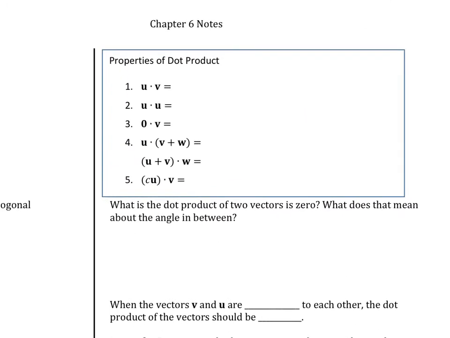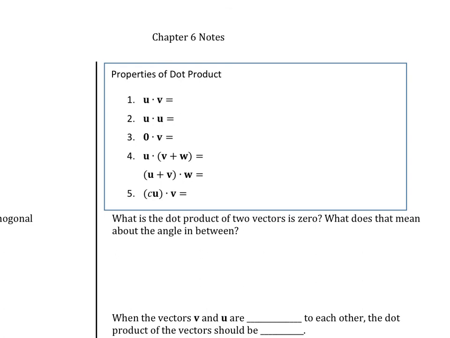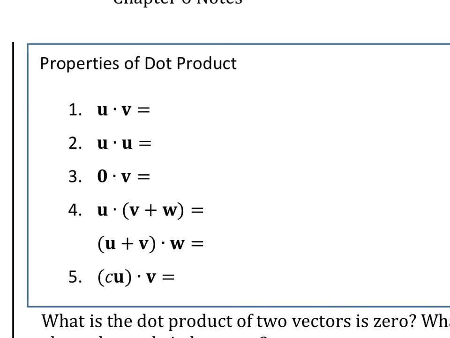All right, last thing we're going to do is just very quick properties. u dot v is the same as v dot u, so the order doesn't matter. u dot u is actually going to be the magnitude of u squared. The zero vector dot any vector is the zero. And then if you think of it as distributing a vector, u dot (v plus w) is u dot v plus u dot w.